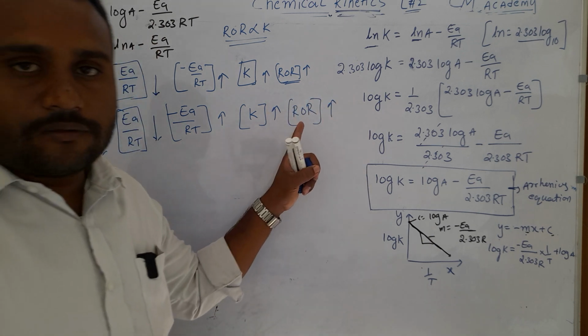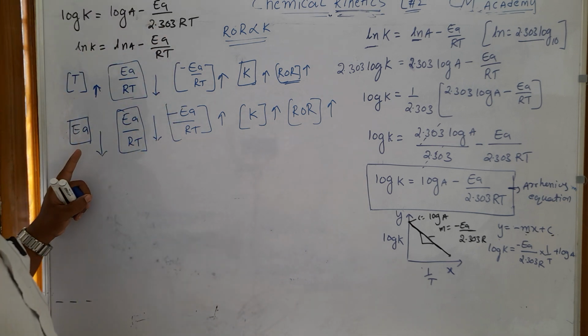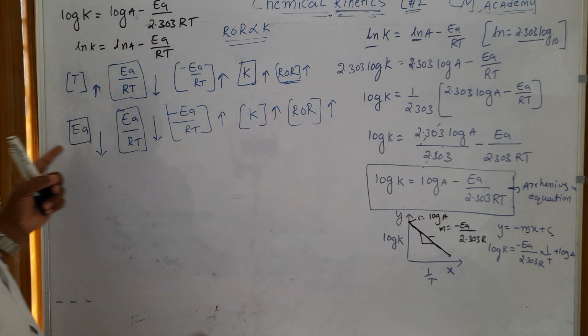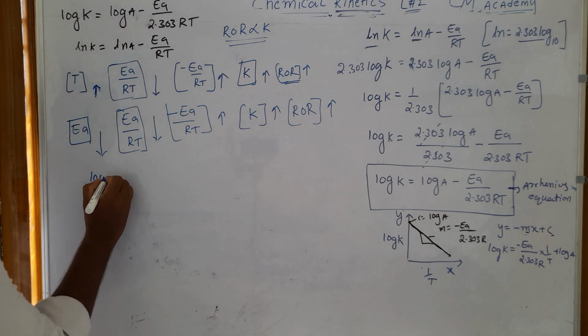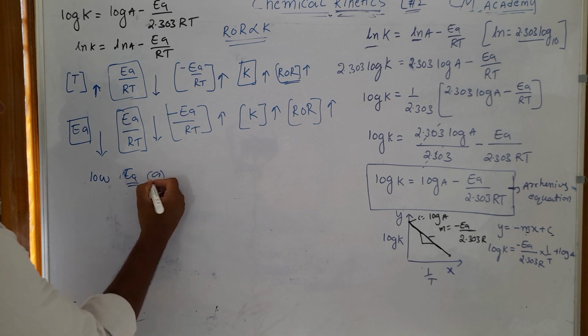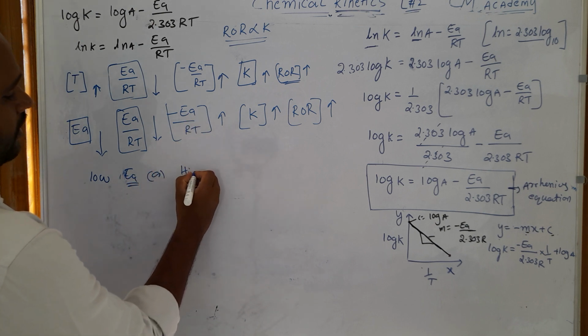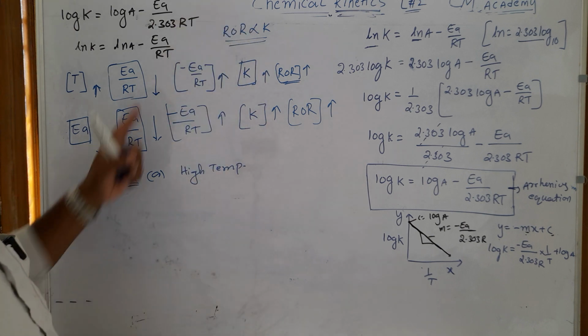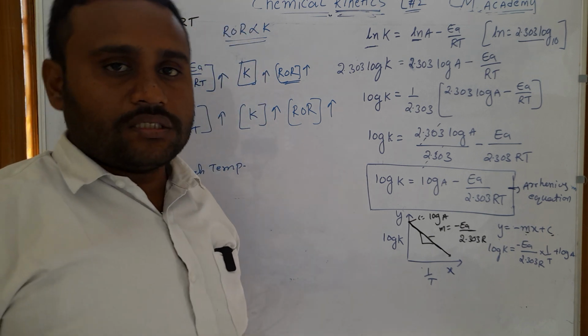So if you want to convert reactant into product, it must have low activation energy, or it should occur at high temperature. This is the information we get from the Arrhenius equation.